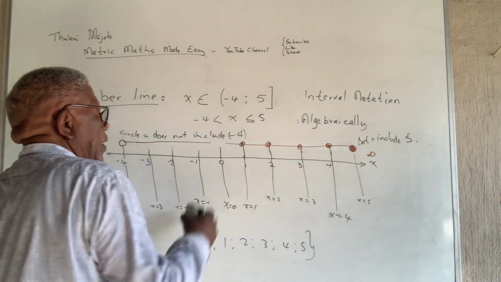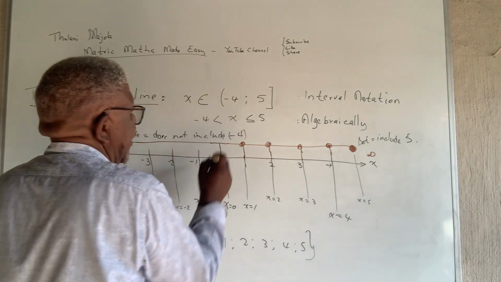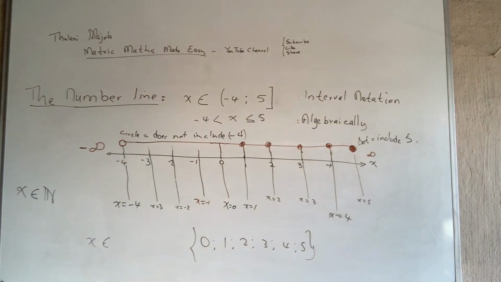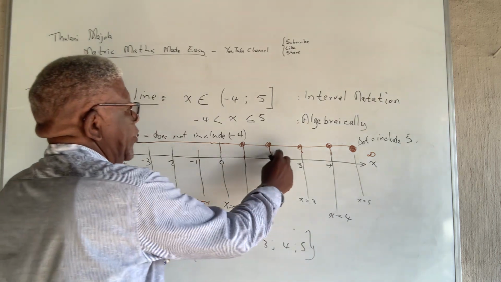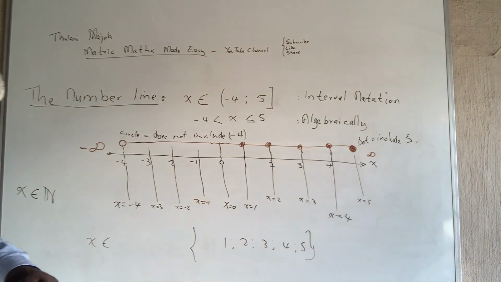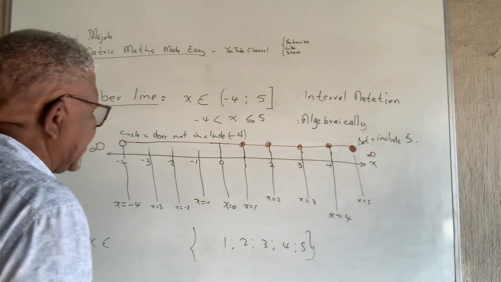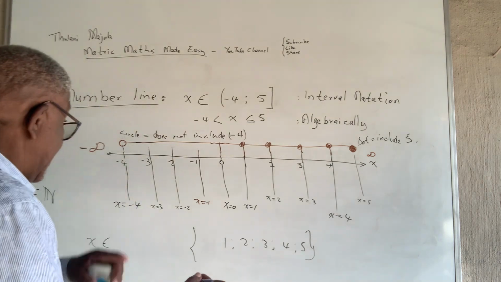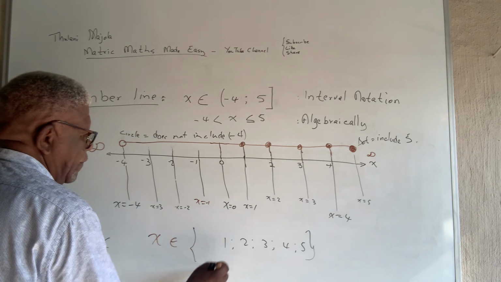They don't include 0. So you represent them on the number line as 1, 2, 3, 4, 5. So this is the beauty of algebra. Say I want the real numbers, the integers, the natural numbers, or the whole numbers.